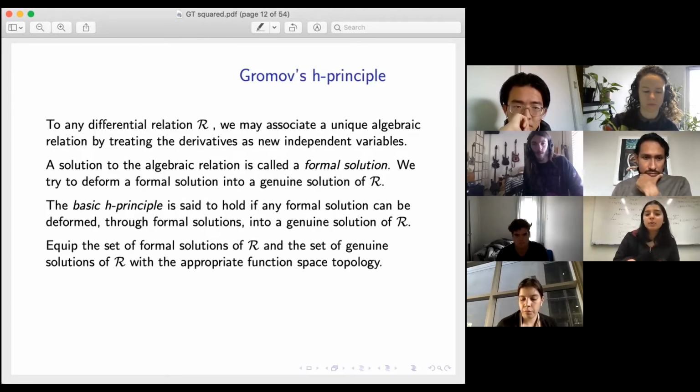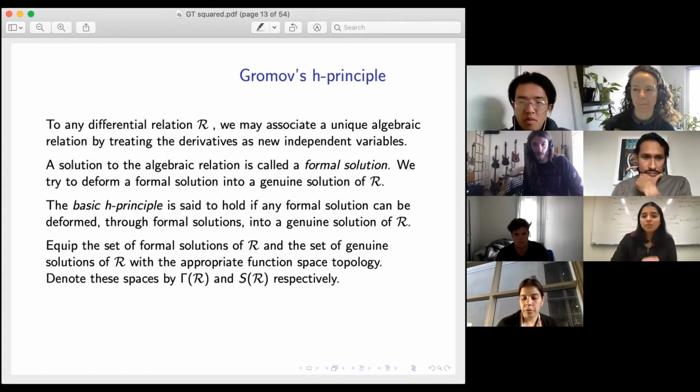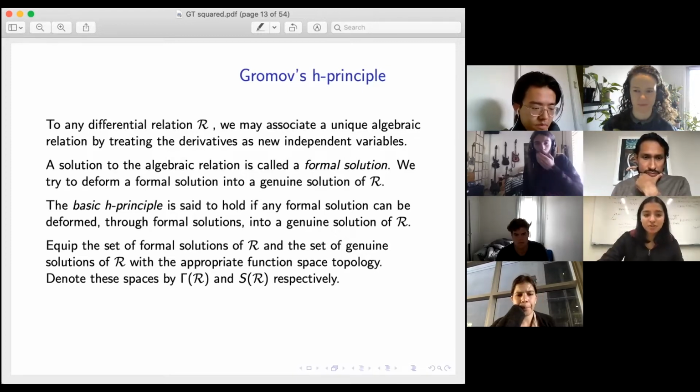Now we're going to equip the set of formal solutions of R, the differential relation, and the set of genuine solutions of R with the appropriate function space topology. And we will denote the space of genuine solutions of R by S_R, standing for solutions, and Γ_R is just the set of formal solutions, algebraic solutions to the algebraic relation.